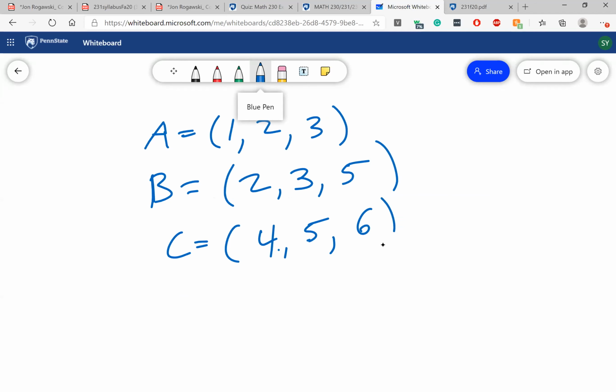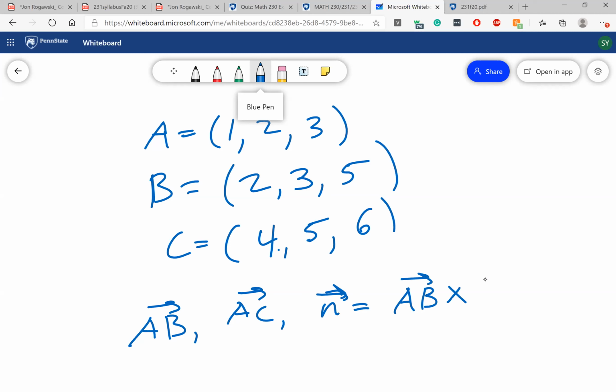So now if we want to find the plane containing these, we want to find the vector from A to B, the vector from A to C, and then the normal vector of the plane, which would be the vector AB cross AC. That would be our normal vector.